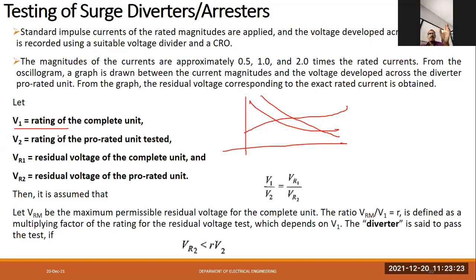That V1 means the rating of the complete unit. Then V2 is the rating of the prorated unit under testing, whatever the test object is. So for that one, V2 will be there. VR1 is the residual voltage for the complete unit, and VR2 is the residual voltage for the prorated unit. So we will assume that V1 by V2 is equal to VR1 by VR2.